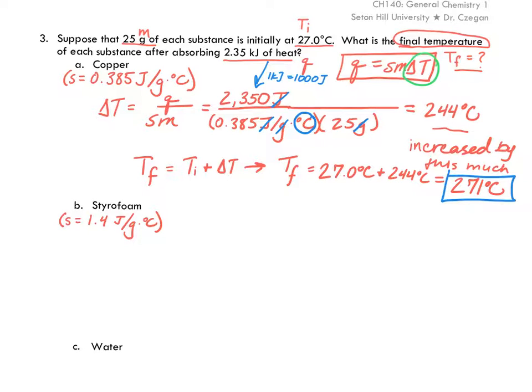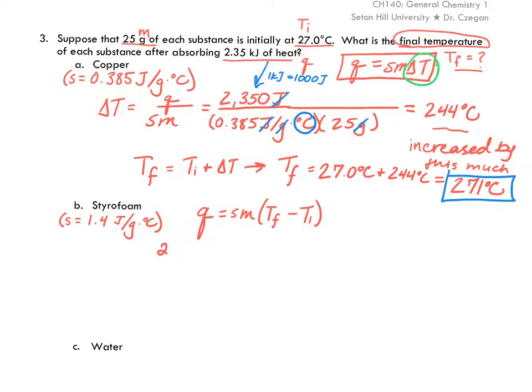The other way we can use it is by substituting TF and TI into the initial equation. So we'll do that for styrofoam. Q equals SM, and then delta T is TF minus TI. Then we'll plug everything in.